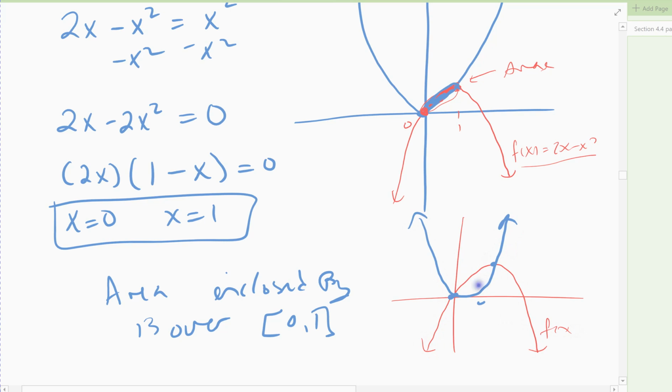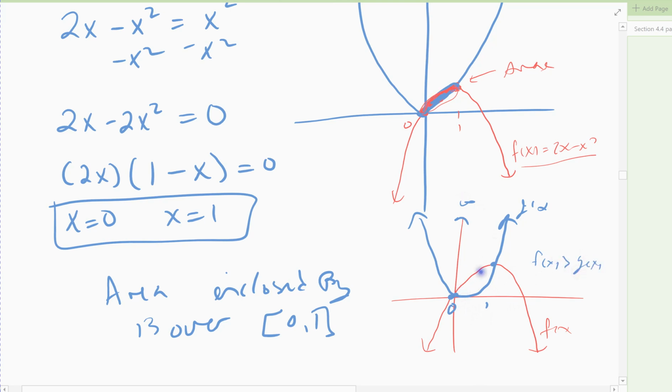I elongated it here, but the red one is the function above. So between 0 and 1, and only between 0 and 1, everywhere else it's not true, f of x is the bigger function.